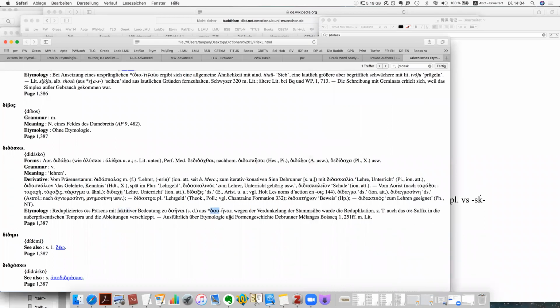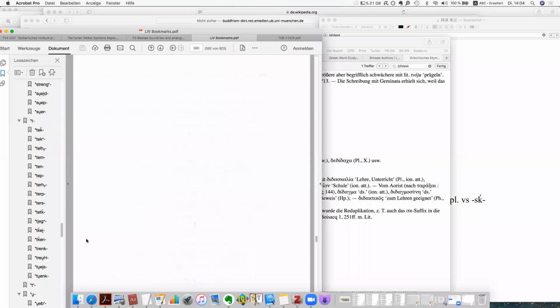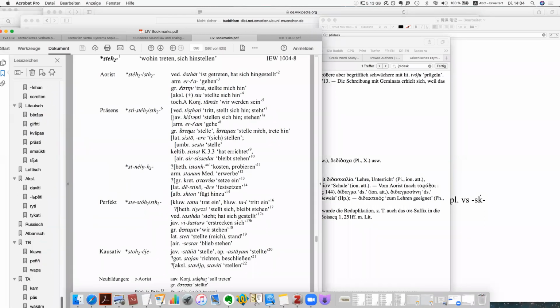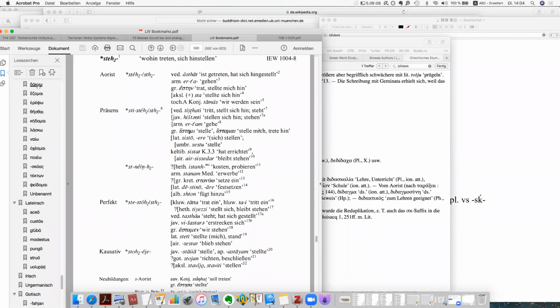So it is actually cognate with which Sanskrit word? If you don't know, how can we find it? Let's go to Leaf and check the index. In the index, you search for the Greek word didasko.